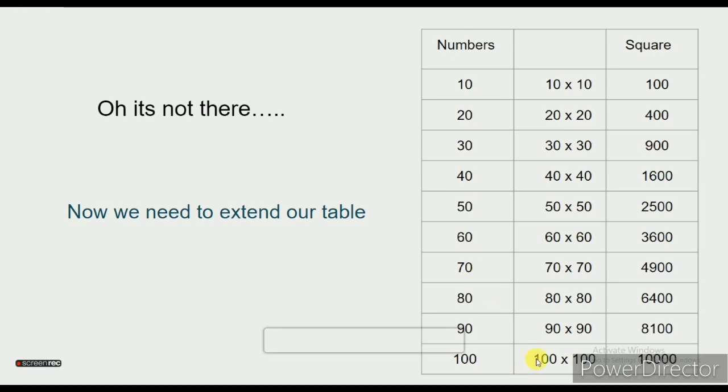This table is up to the square of 100. Now, we extended our table to 110, 120. The square of 120 would be 120 multiplied by 120. 130, 140 and 150.